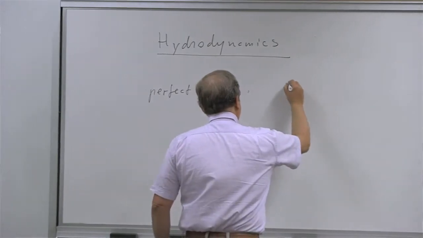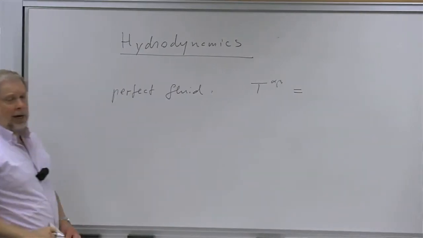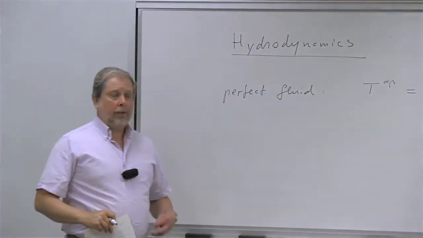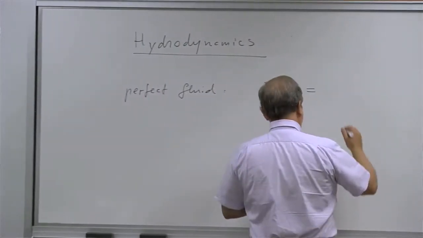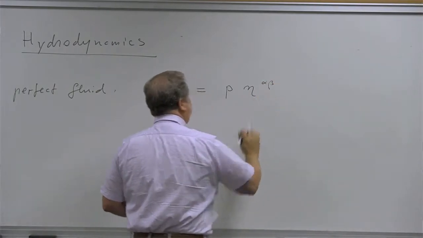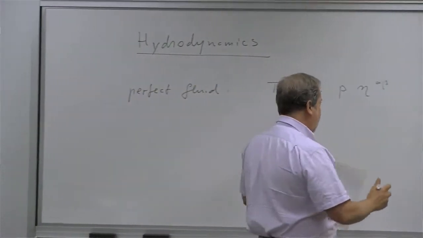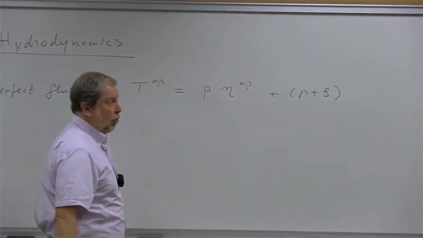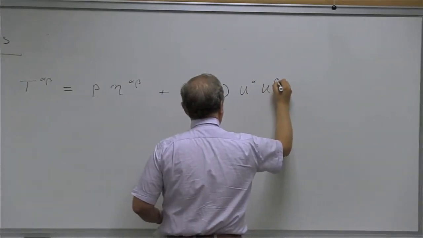And so the energy momentum tensor for the perfect fluid is one where you just have a dependence of the energy momentum tensor on the velocity distribution in the fluid, right? And so it is a pressure term which involves the flat metric. It has this form, P times eta alpha beta. And then there is a second term that involves the velocity, and that is proportional to the pressure and the density, and then times u alpha and u beta.